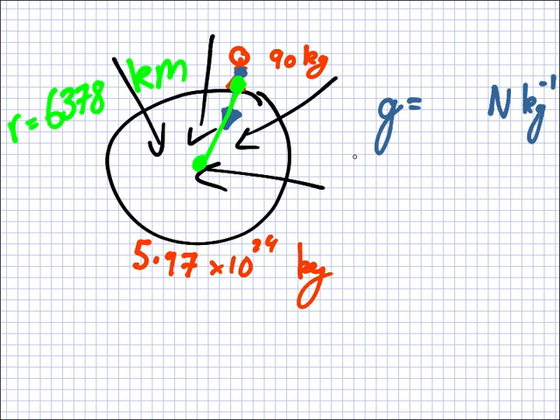Yeah, give me 1 decimal place is fine. 9.8. You got 9.8 as well, Stephen? Now don't forget this is kilometers.